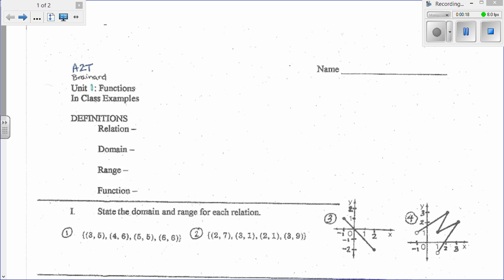This should match your packets and your notes. First thing we need to do is go over some definitions. A relation is simply a set of ordered pairs.